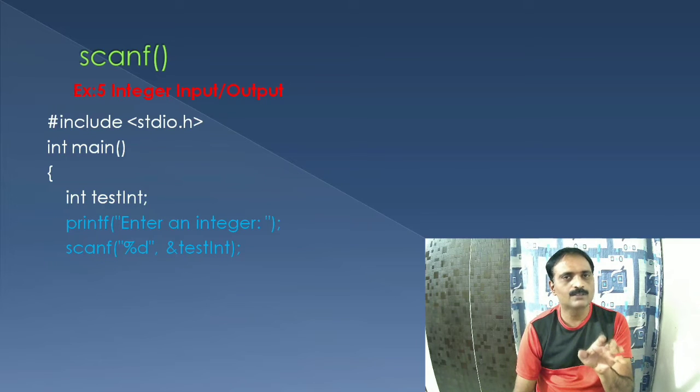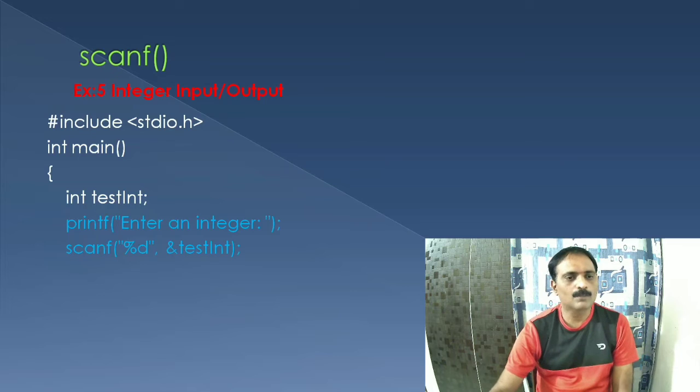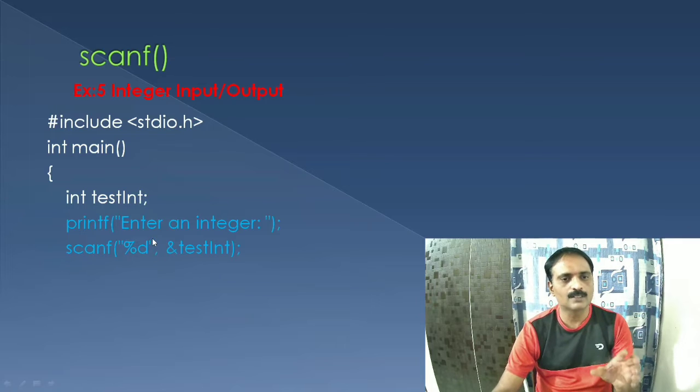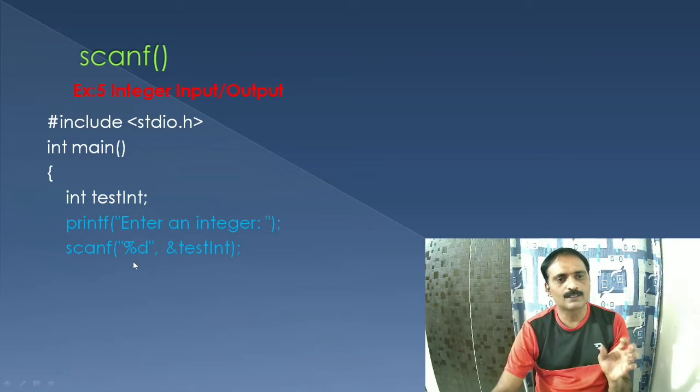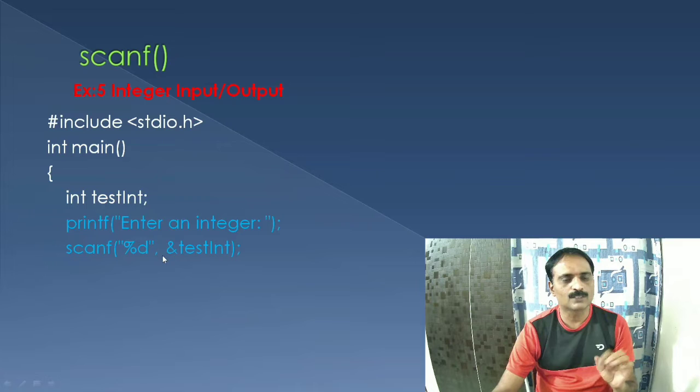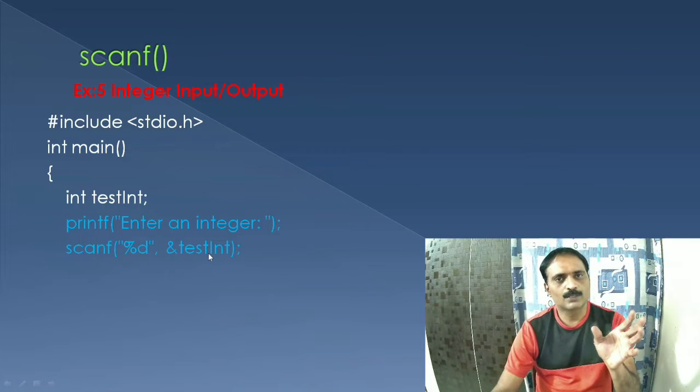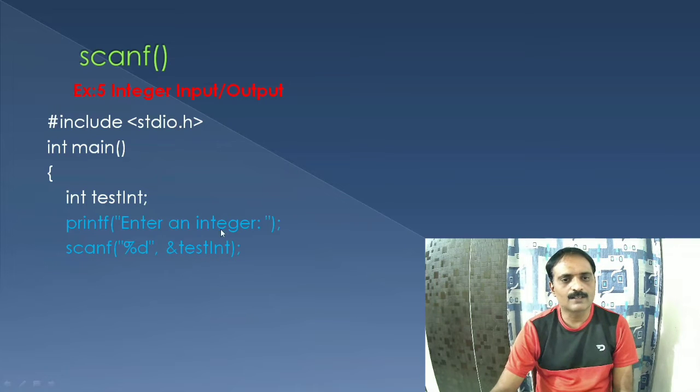That input is given by using the scanf statement. The format for giving this input is scanf within the double quotations %d, because as we are giving an integer input value, we have to use %d as the format specifier as we have seen earlier, comma, ampersand testInt. Ampersand testInt means that whatever value we give for this testInt will be stored in a particular memory, and this represents the address of that value.